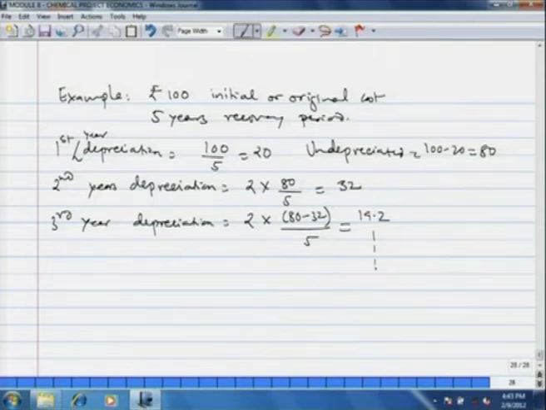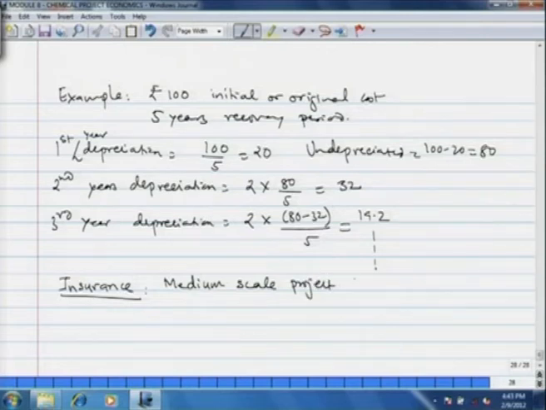Now let us see another aspect of this, that is insurance. Medium scale projects typically incur about 1% of the fixed capital investment as annual insurance cost. Insurance cost may form a very small fraction of the project cost, but it is necessary to consider insurance carefully to ascertain economic and safe operation of the plant against emergencies and unforeseen developments.